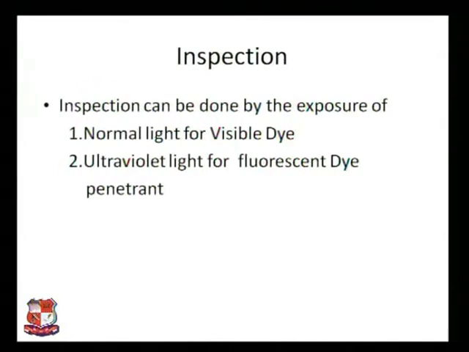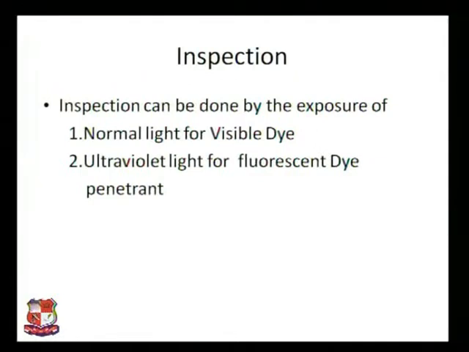What you have to do is keep this material underneath the normal light, and you will observe the material in which defects are present, in color.